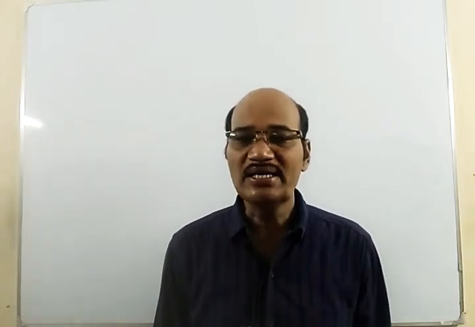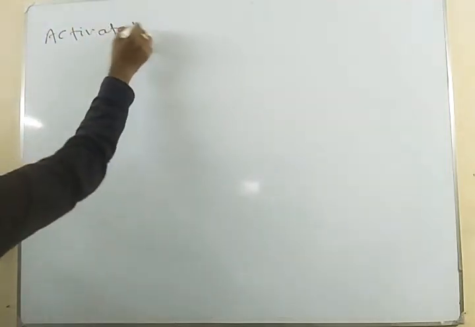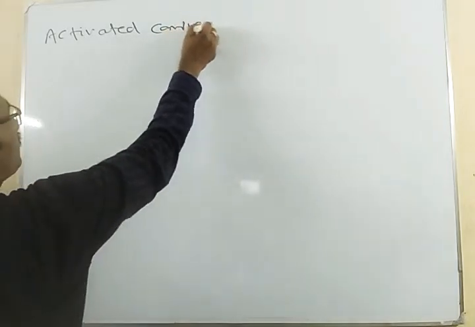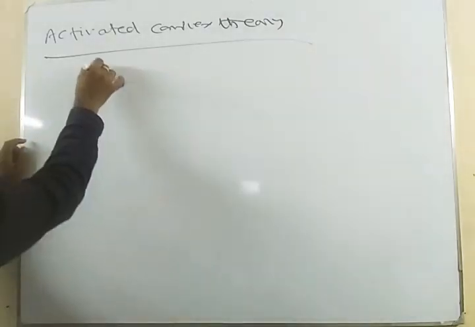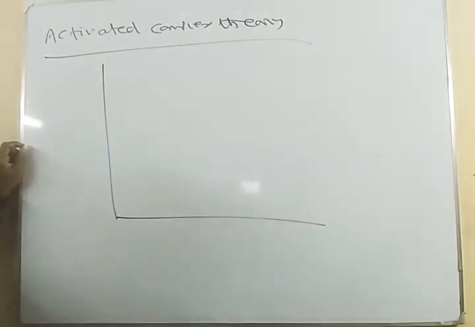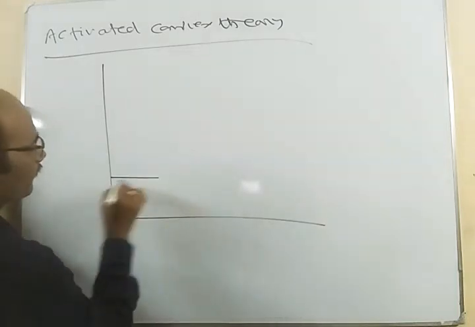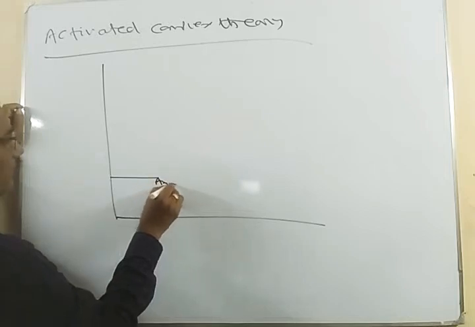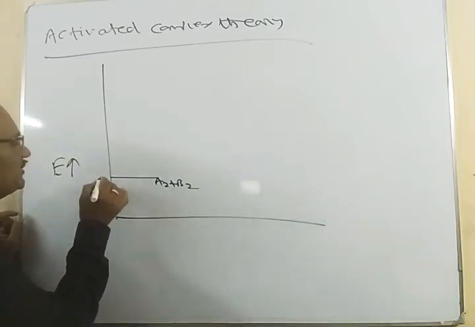Okay. Then your activated complex theory. What is activated complex theory? Already we discussed the activation energy. So when we are taking the reactant molecules, suppose we have taken A2 plus B2, and we know already the energy of reactants.